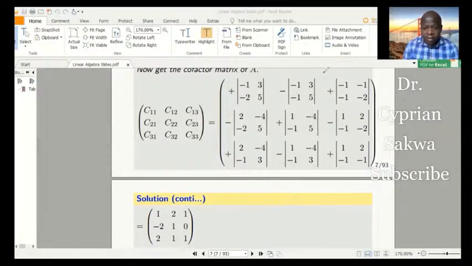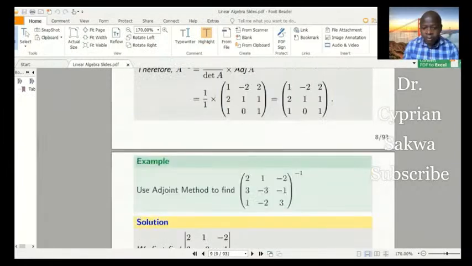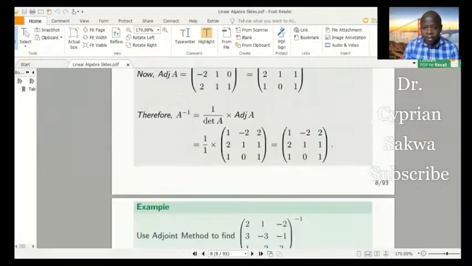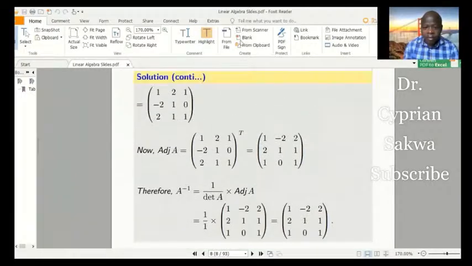So remember, we said once you have this cofactor matrix, you get its transpose. And so what is the transpose of that? We make the rows become columns, or make the columns become the rows. So the first row becomes the first column, the second row becomes the second column, and the third row becomes the third column.